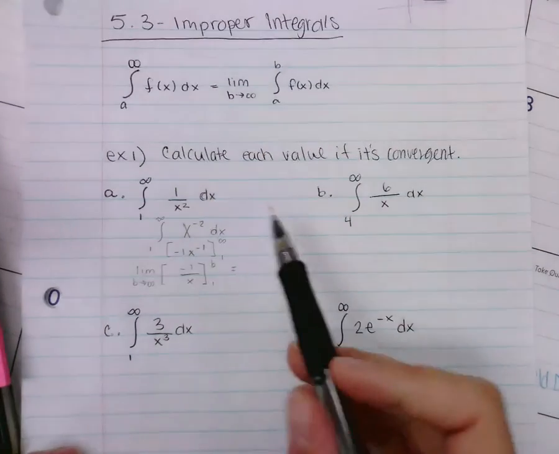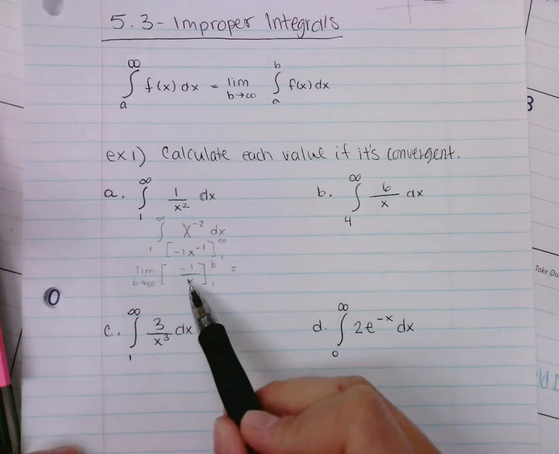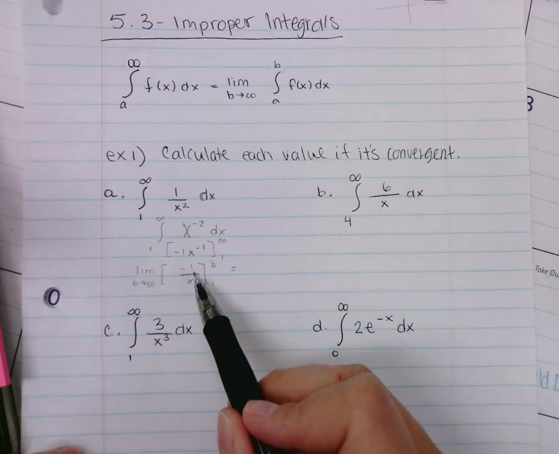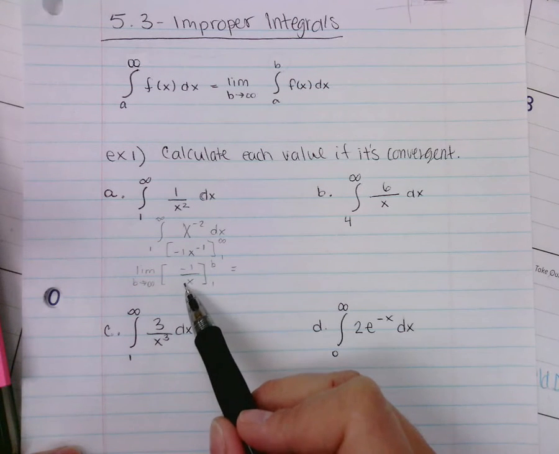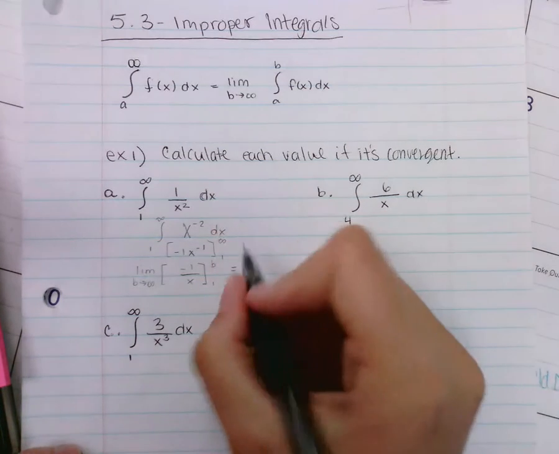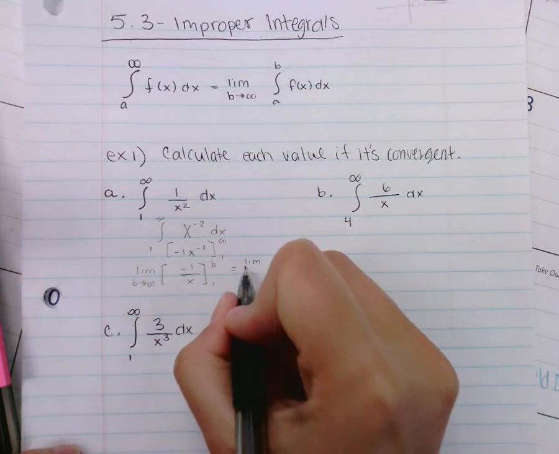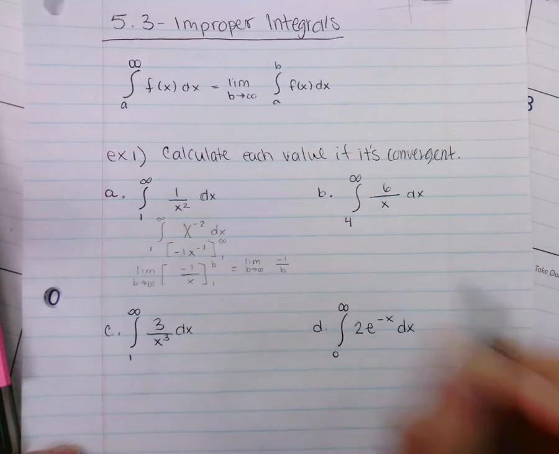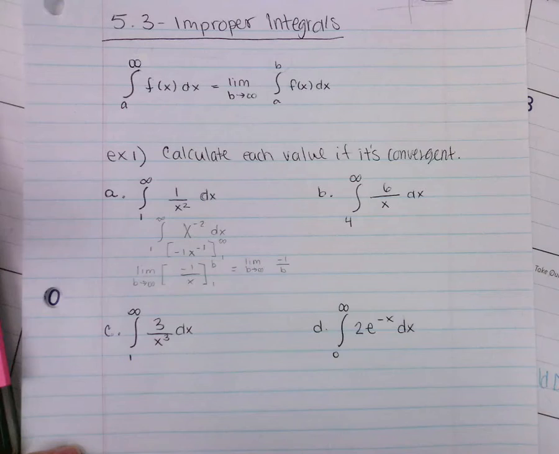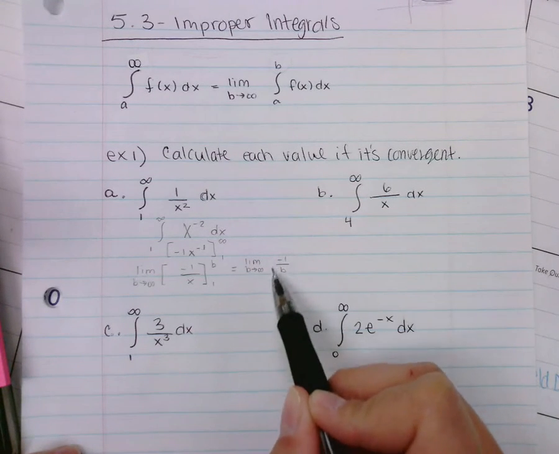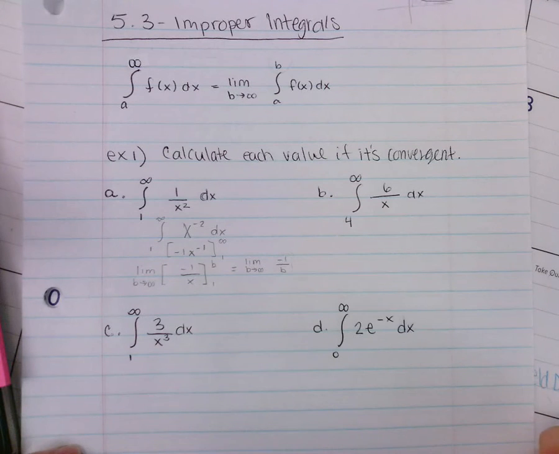So plug in b in your mind, plug in infinity. What is the limit of 1 over b? The limit as b approaches infinity. Let's say we plugged in b: -1 over b. If b is infinity, what does this amount approach? -1 over infinity, so a very small number.